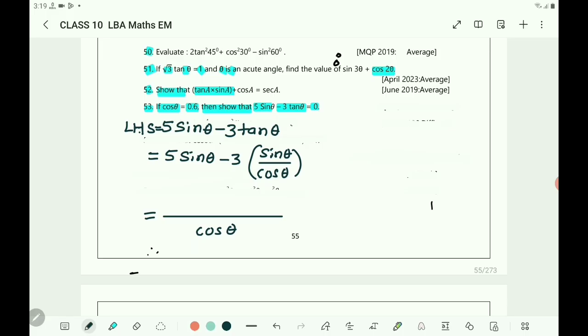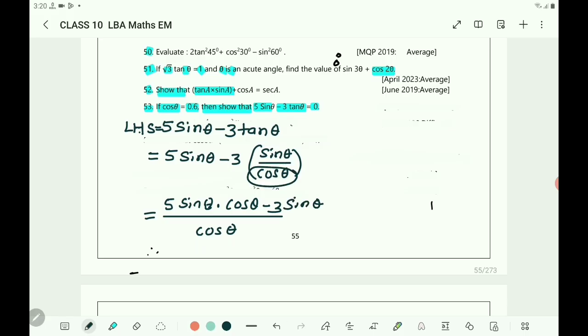Then 5 sin theta means 5 sin theta by 1. Then the LCM is cos theta. So this 5 sin theta must be multiplied by cos theta. Therefore 5 sin theta into cos theta minus 3 and you write this sin theta.